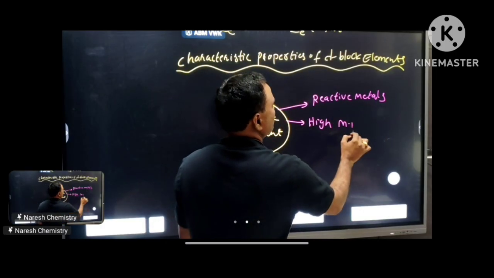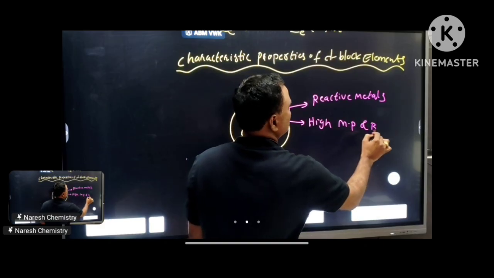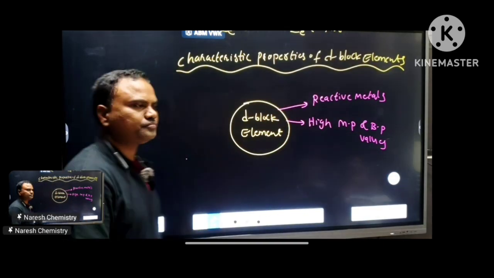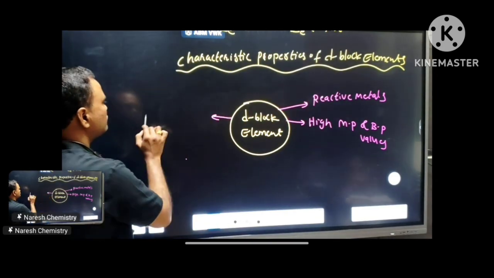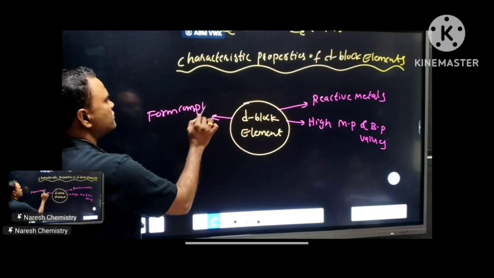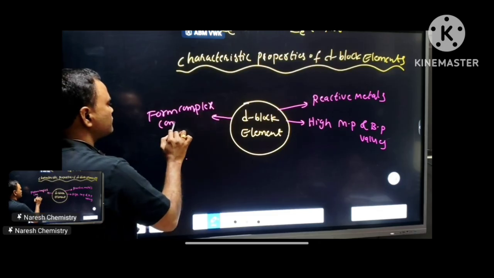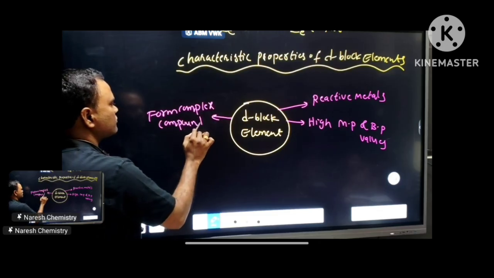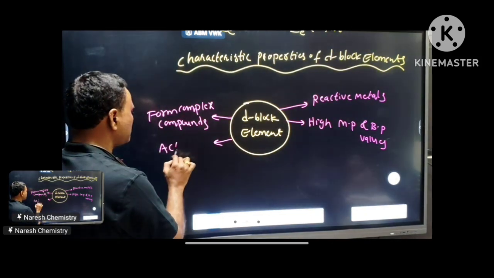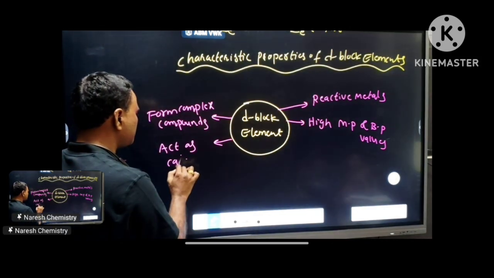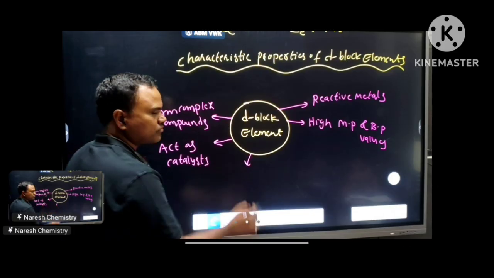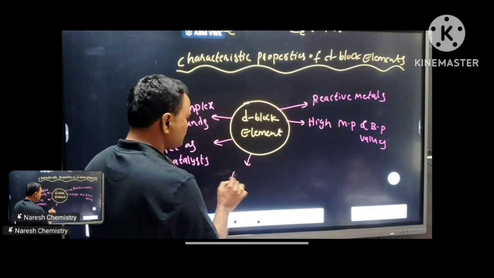They form complex compounds. They act as catalysts. They form alloys.